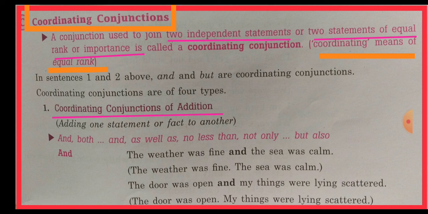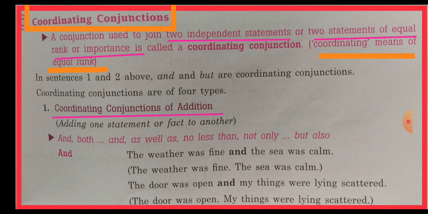Look at the example. Here the first kind of coordinating conjunction is given: coordinating conjunctions can be used for addition. If we are adding two sentences in the sense of addition, we will use and, both and, as well as, no less than, not only but also.